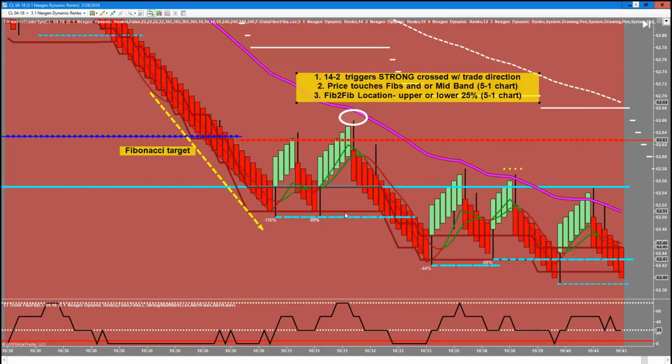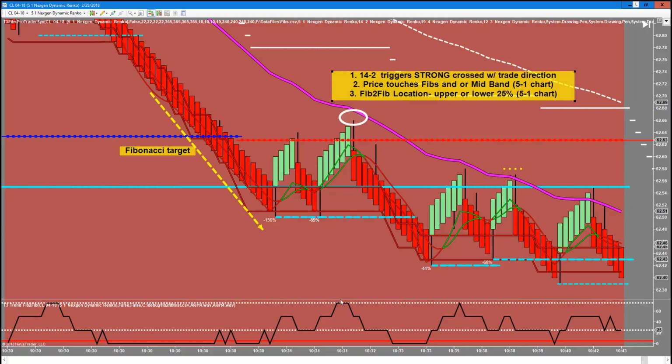We want to have 14.2 triggers really strong with the trade direction. We want to touch fibs and/or mid bands, and we really want our fib to fib oscillator to be at 75. So technically there's only two spots on this chart where our fib to fib oscillator met the rules. Now again, we talked about divergence.